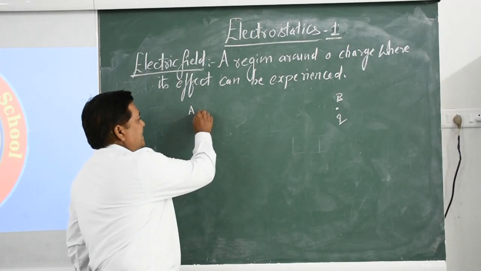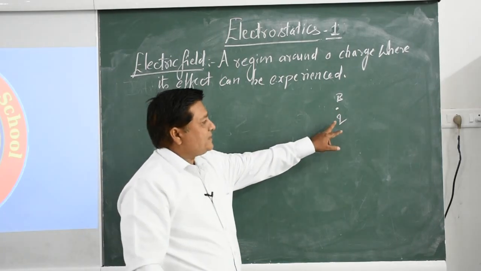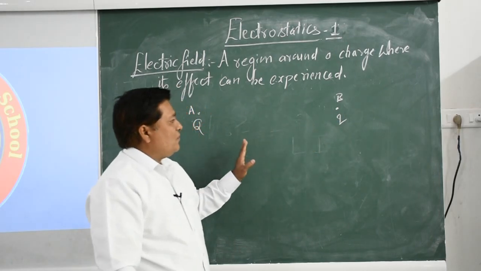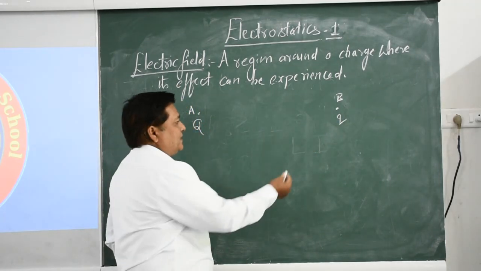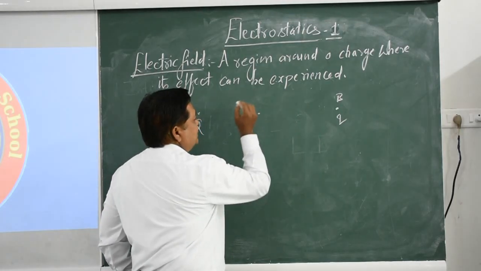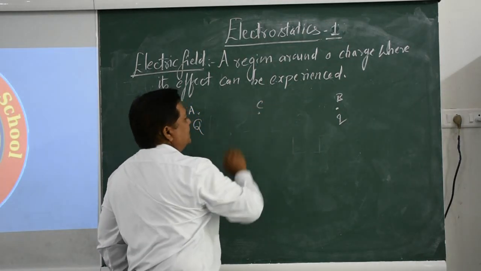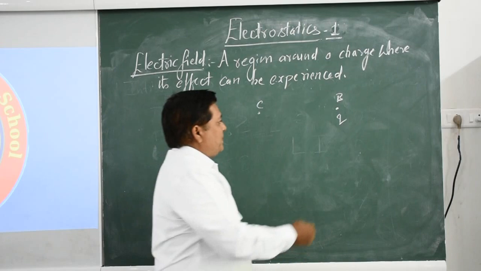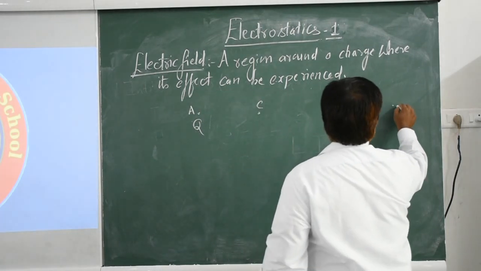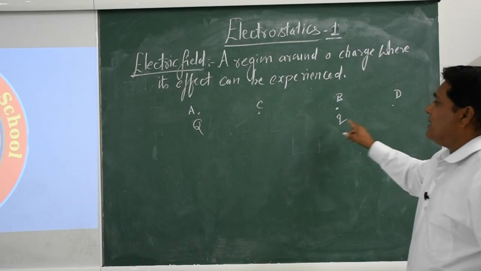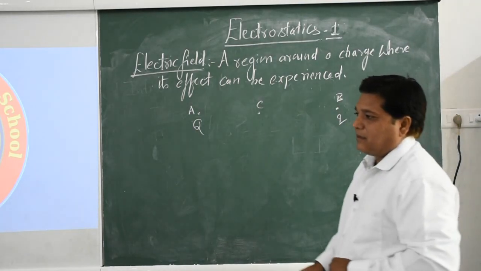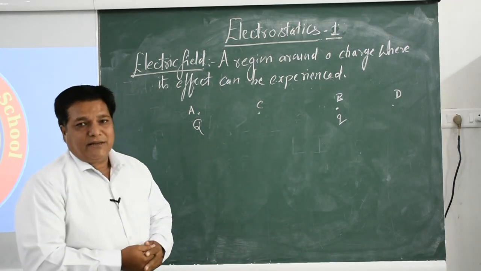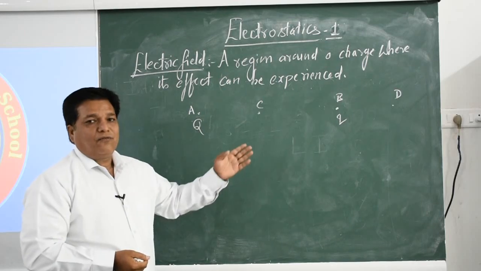If small q is placed at this location, it experiences force here. If I place small q at location C, here also q will experience force. If I place small q at location D, here also q will experience force. But the small q test charge has constant magnitude. I consider small q is of 1 coulomb charge.